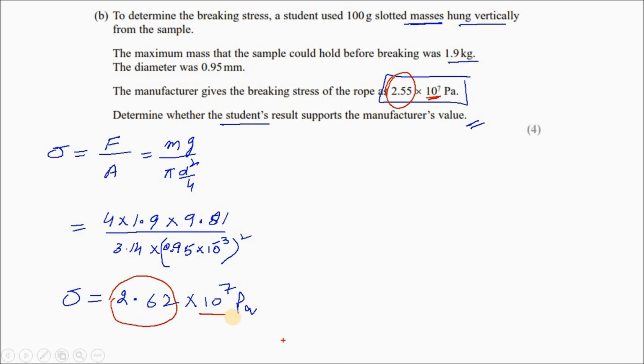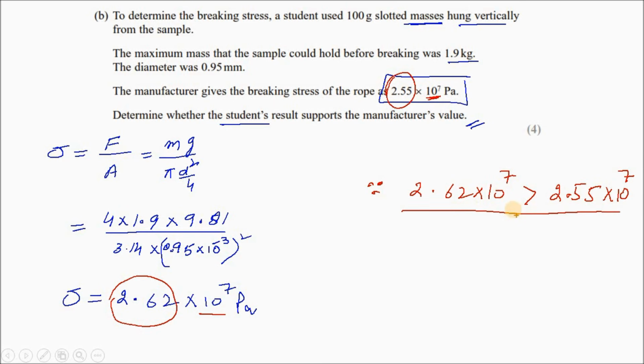If you wish, you can compare the whole number with the power, but you can say that since 2.62 times 10 to the power 7 is greater than 2.55 times 10 to the power 7, of course the manufacturer's statement, yes, indeed it supports. You just write a statement.